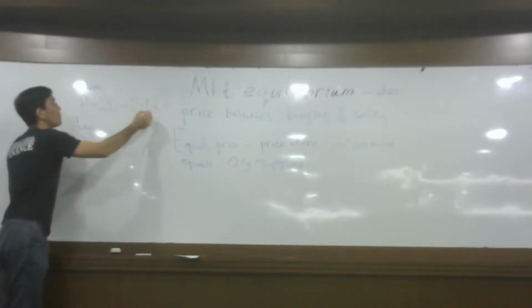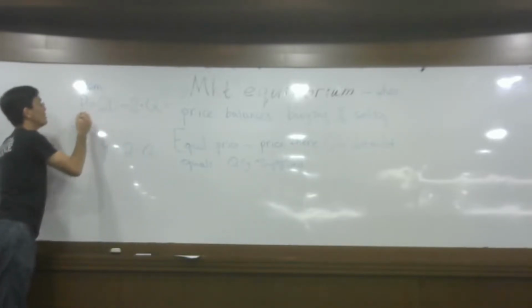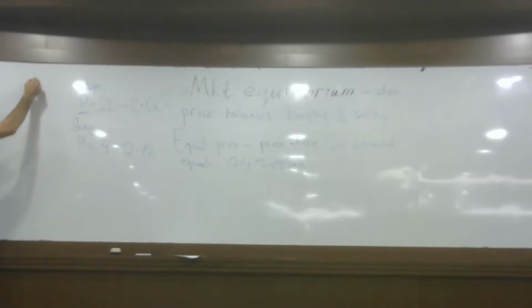And for different prices, quantity demanded will be very different. So here's the demand. These are the quantities. These are the prices. For different prices on the demand, the actual quantity demanded will be different. Same for supply, right? Supply will look like this.